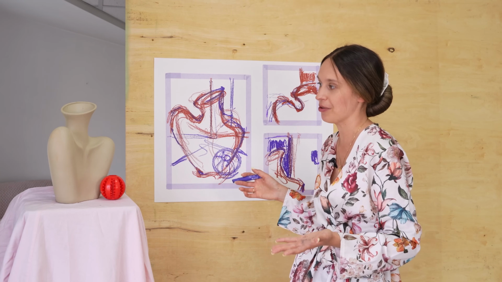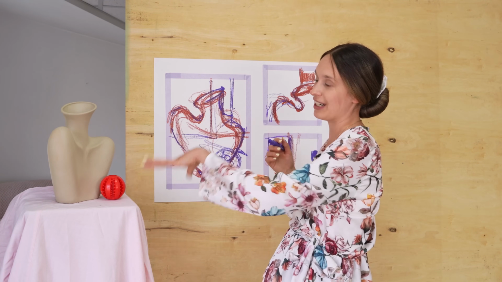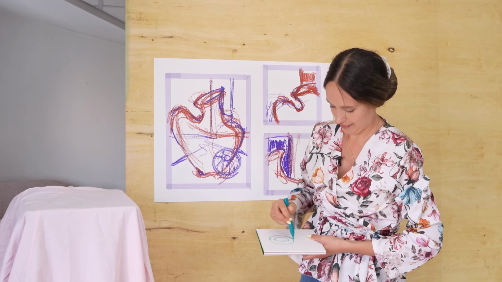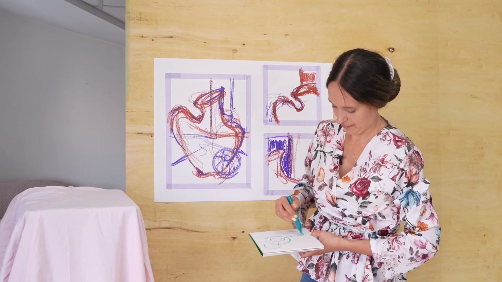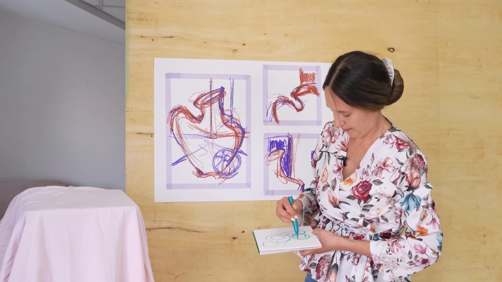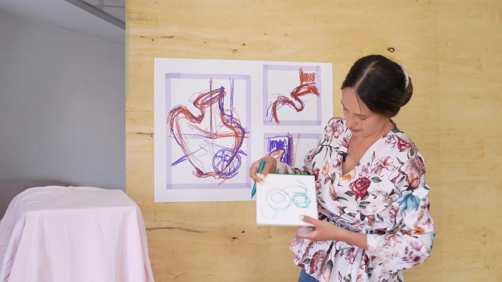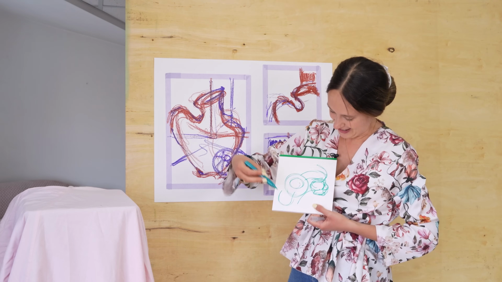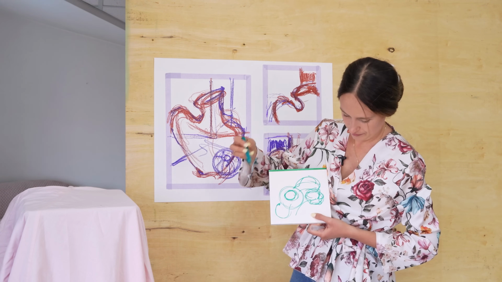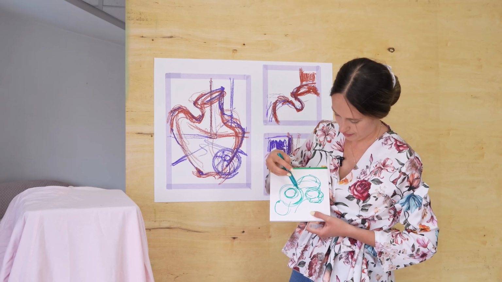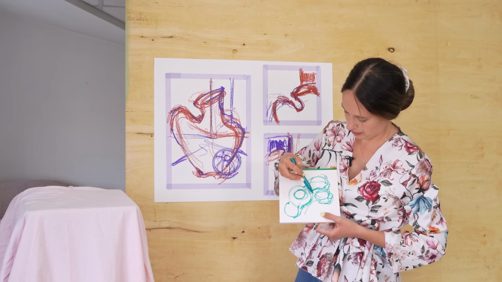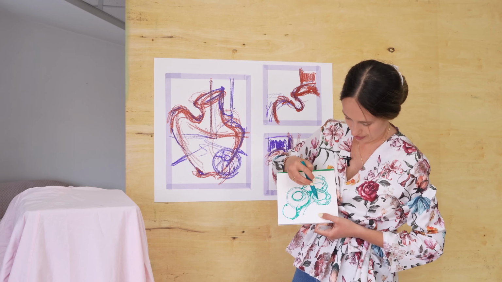Another thing that you can do is also try looking at this from the top, like an aerial view. It's going to completely change the whole narrative of composition, and you will see completely different plane shifts, so to say.